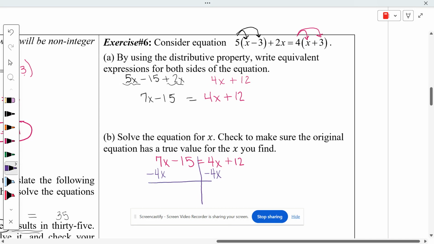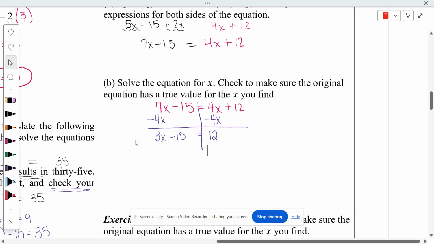And when you go to the opposite side of the river, you use an opposite operation. 7x minus 4x is 3x. 3x minus 15 equals 12. Now I need to get the constant, negative 15, to the other side. Well, the opposite of negative 15 is positive 15.